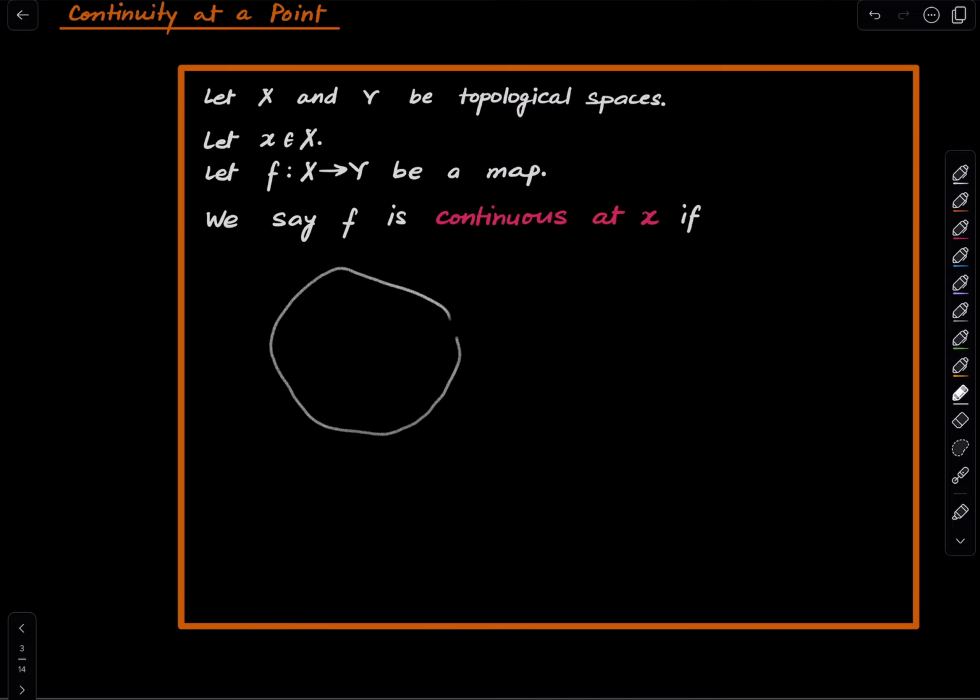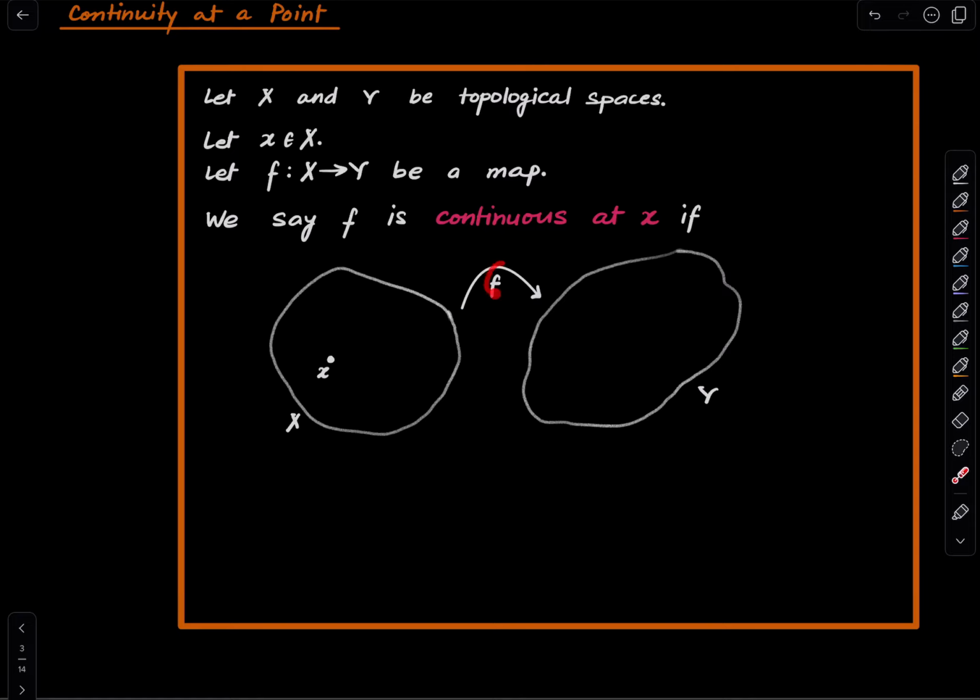So we have this space X, we have the space Y. This is typically how we imagine topological spaces. Here we have the point little x, and we have this function going from X to Y. Okay?